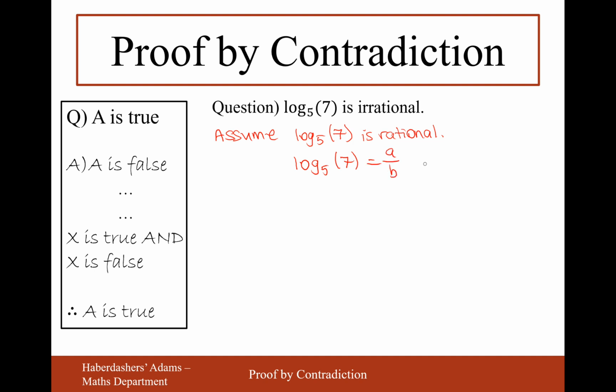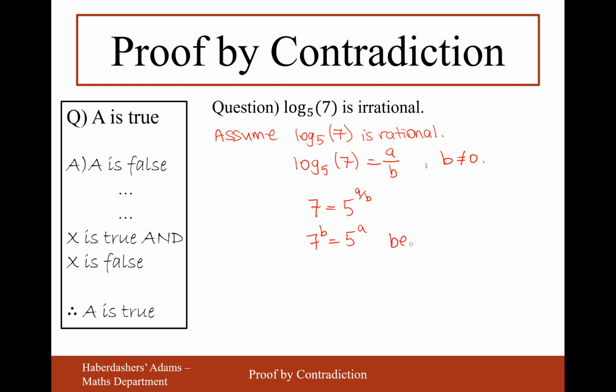Now, last time I remember in this proof, it was really important that b was not allowed to be 0, so I'll include it in my definition of my fraction here. And let's now rearrange this, so 7 is going to equal 5 to the power of a over b, and now we'll take the power of b on both sides, so 7 to the power of b equals 5 to the power of a.